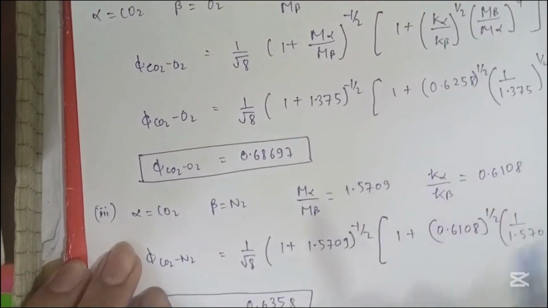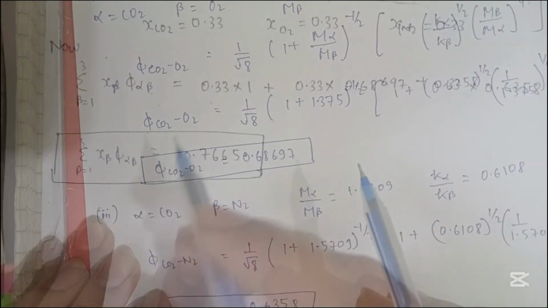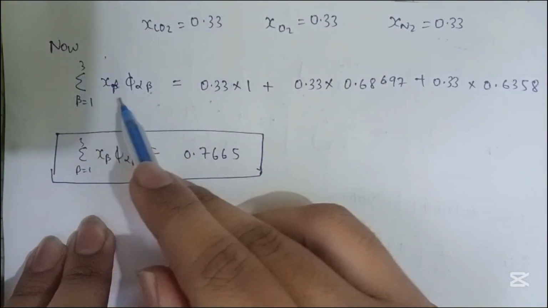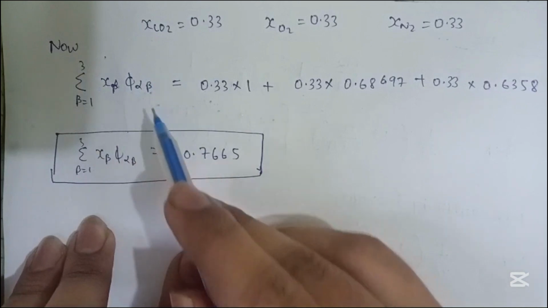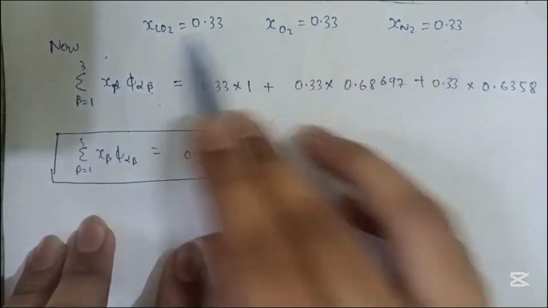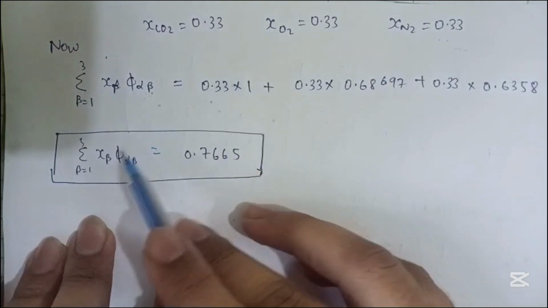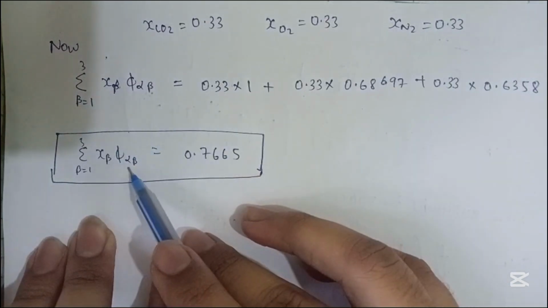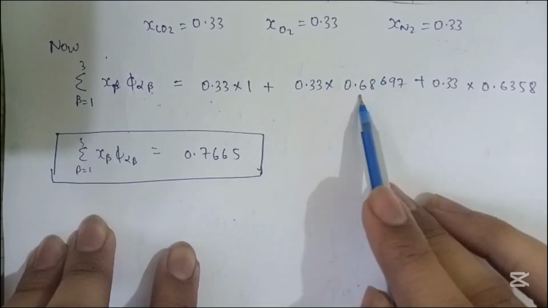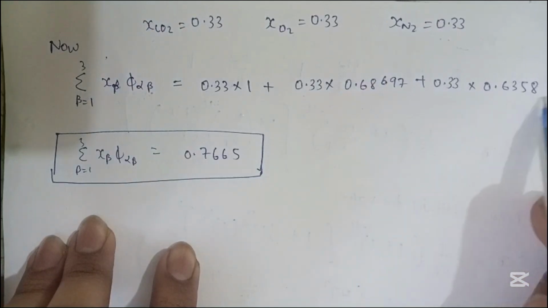Since we have obtained all the phi AB values for CO2, now we can calculate sigma beta equal to 1 to 3 x beta into phi alpha beta, and we know that we have been given the mole fraction for all the species. Now we will put into that expression and we will calculate x beta into phi AB: 0.33 into 1 plus 0.33 into 0.68697 plus 0.33 into 0.6358.